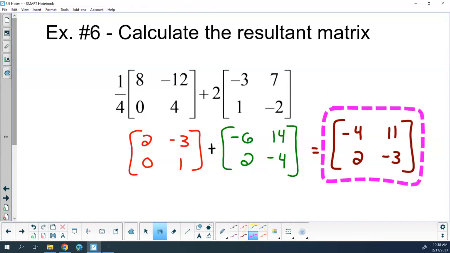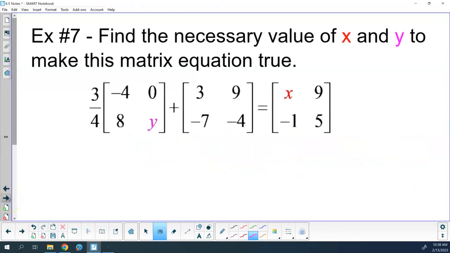One last NTC favorite type of problem, an equation. You got this one. Okay. You try that one now.